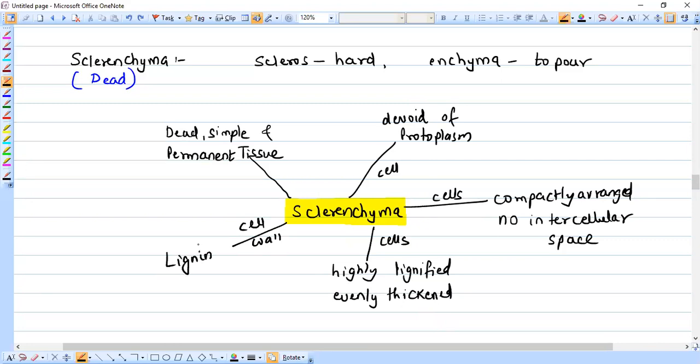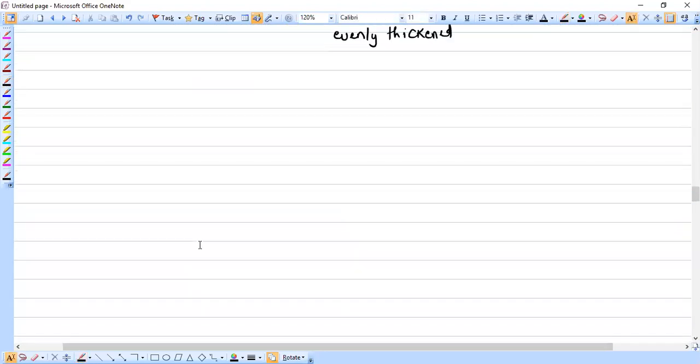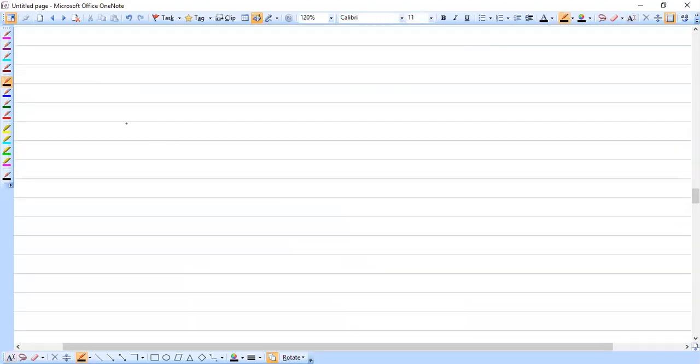Now let's draw the diagram for Sclerenchyma that will help us to understand in a better way. So for this, let us take it this way. So these are the Sclerenchyma cells. I will be drawing only 4 cells of Sclerenchyma. So these are all the cells. So I take it in this way.